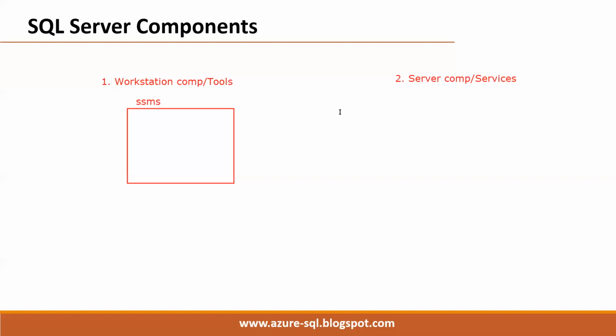Okay. After connecting, whenever we open SSMS, we have seen it is asking which server you want to connect to. Server components are basically services, which are running either in the same machine or in a different machine. This is your desktop from where we are sitting and working.